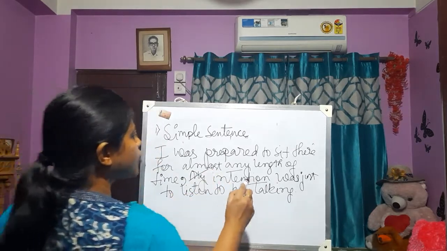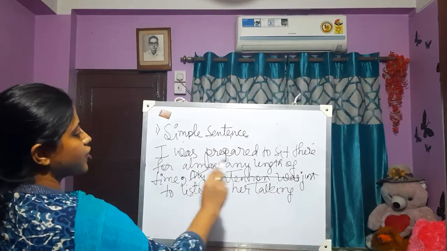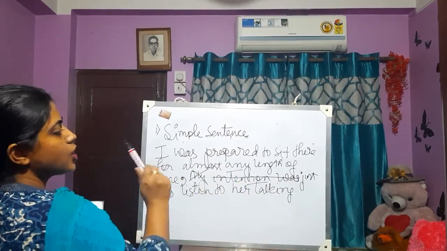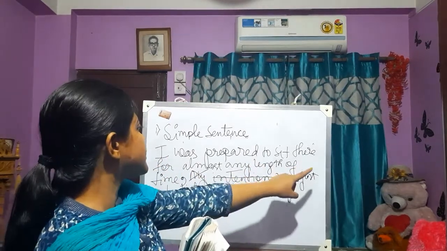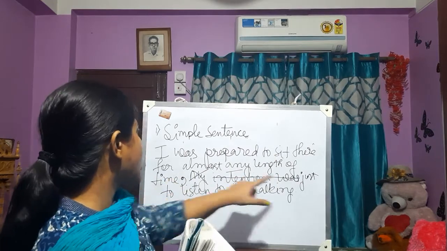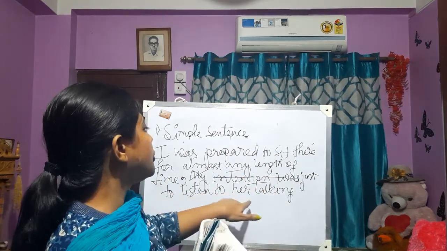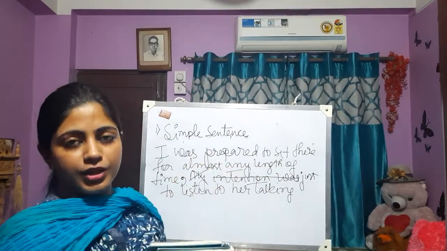Just write "just to listen to her." So your joined sentence will be, "I was prepared to sit there for almost any length of time, just to listen to her talking." You don't have to mention intention.